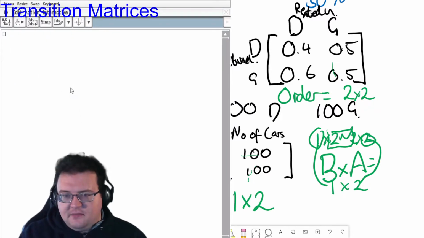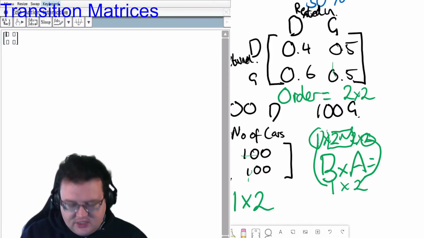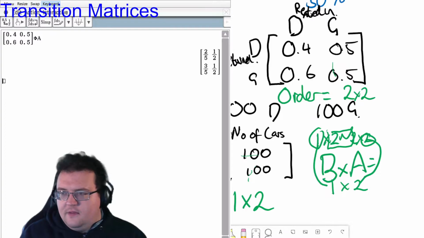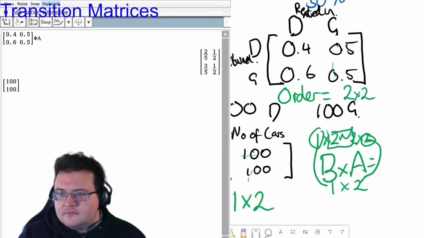We're going to define some matrices. We need a square matrix, so this is going to be 0.4, 0.5, 0.6, and 0.5. We're going to store that in matrix A, and then we need to set up a simple 100, 100, and we're going to store that in B.